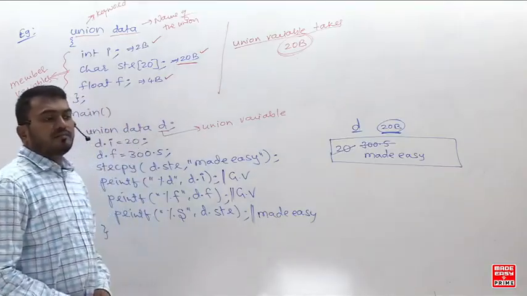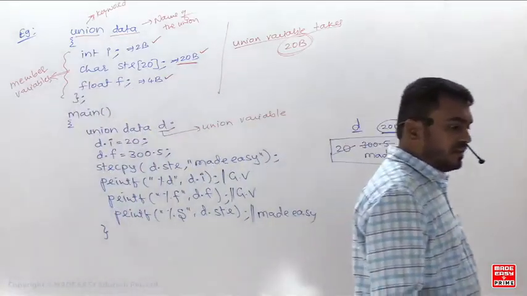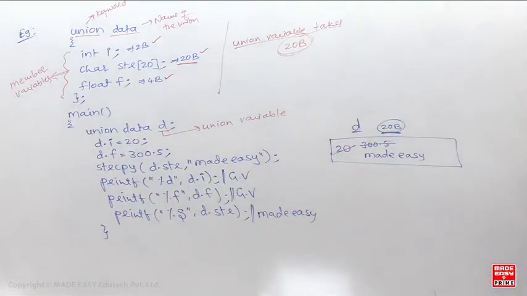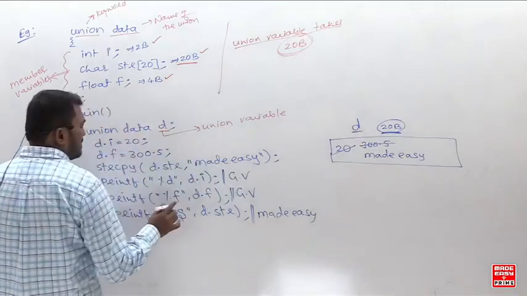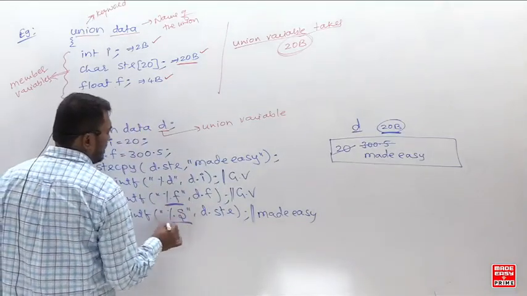Is this clear for everyone? So change this: this is percentage f and this is percentage s.